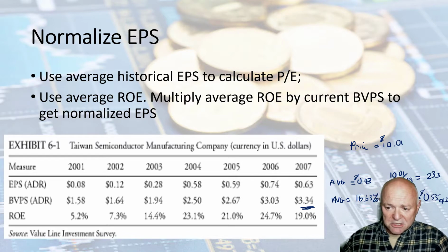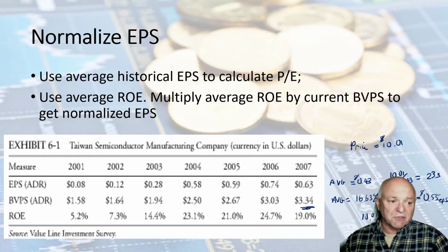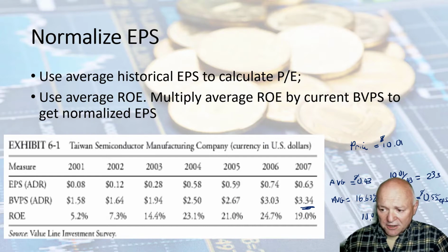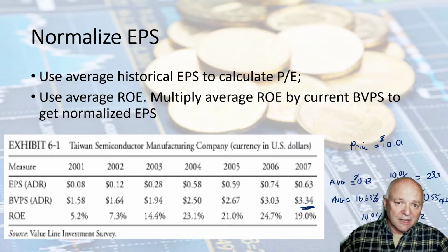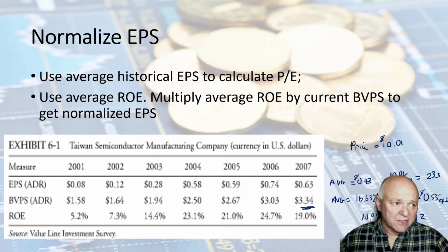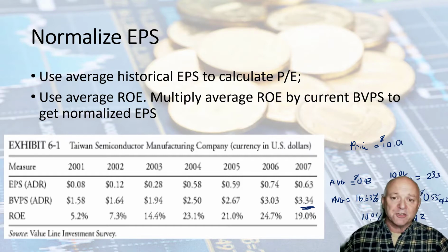And so that means that if we have the same share price, 10.01, over the normalized earnings per share of 55 cents, that gives us a multiple of 18.2 times. Two alternative ways of calculating the earnings per share, two alternative ways of adjusting the price earnings multiple.